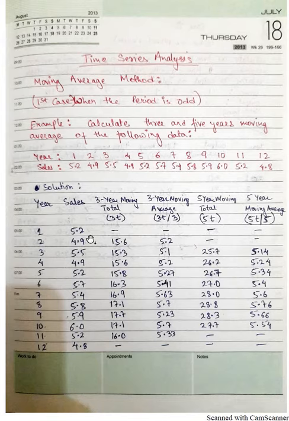Now we'll again skip 4.9 and we'll start from here, adding the numbers from here. 5.5 plus 4.9 plus 5.2 plus 5.7 plus 5.4. The total will be 26.7, and the middlemost position of these 5 numbers is this.